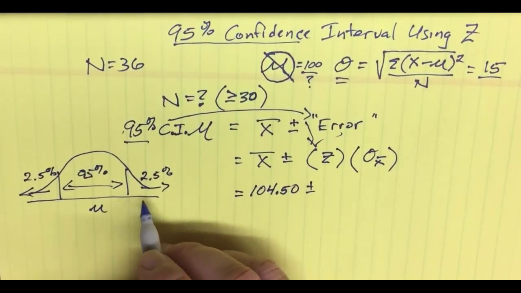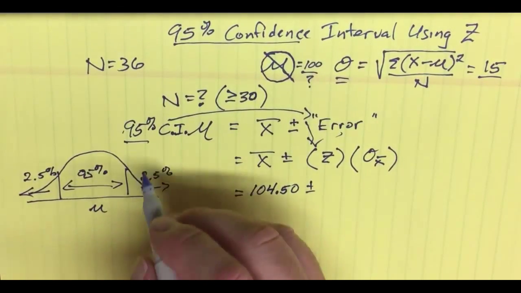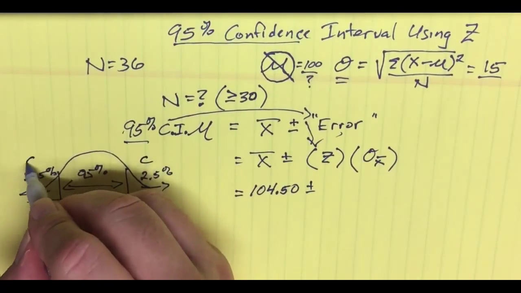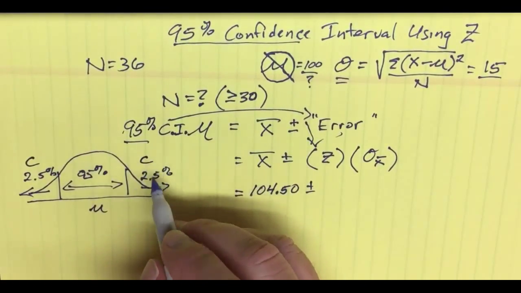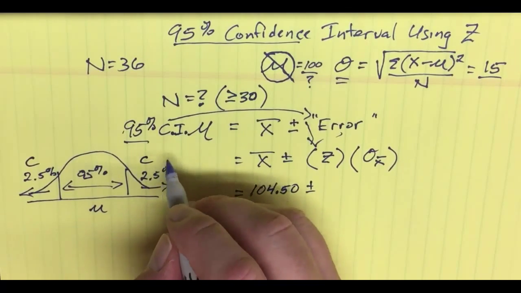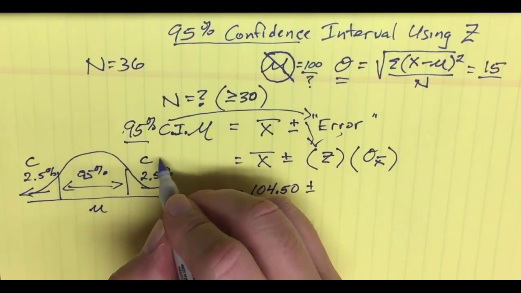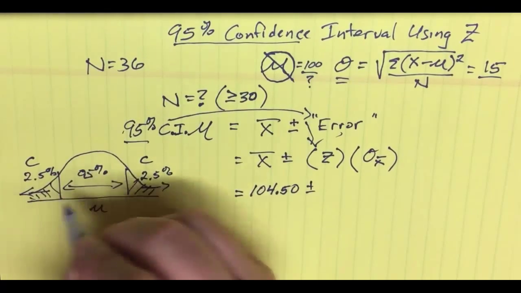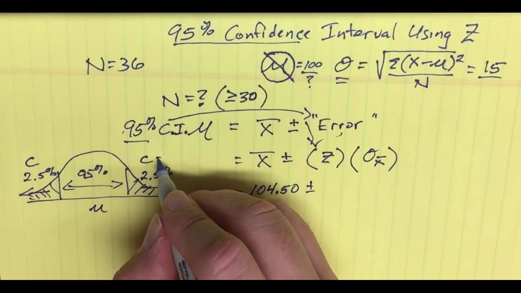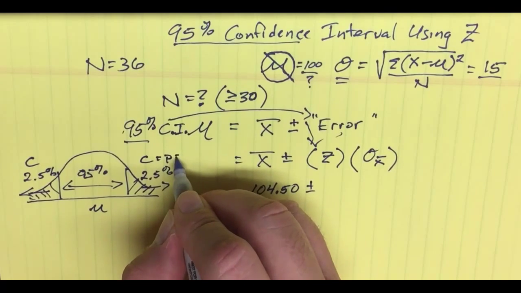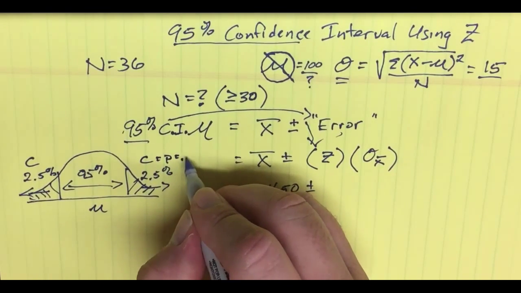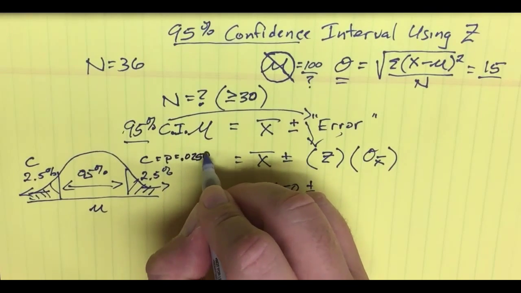Now, if we look in our z-score table, I'm going to recognize that these two pieces here represent column C in most standard z-score tables. And most z-score tables report things as proportions. So my proportion in this C piece on each side, it's symmetrical, is equal to a p-value of 2.5%, which is equal to 0.0250.